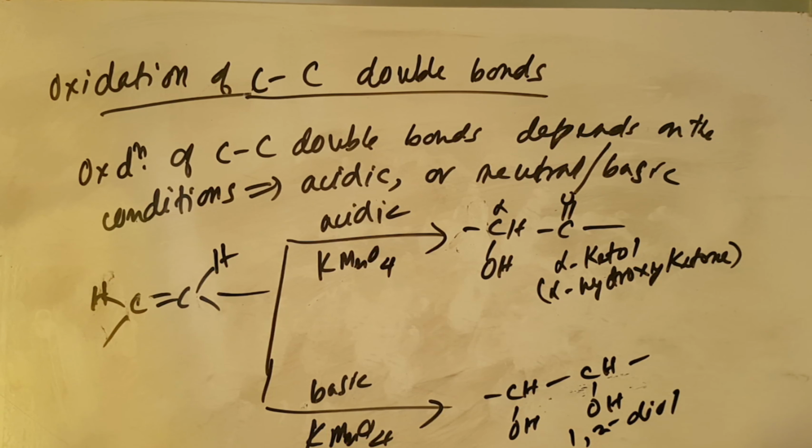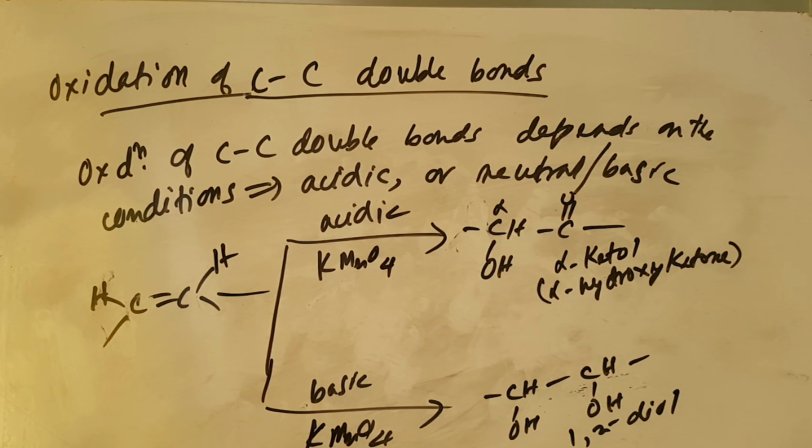So repeating again, oxidation of carbon-carbon double bonds by potassium permanganate can take place in two conditions. First will be in acid conditions, one will be in basic or neutral conditions.